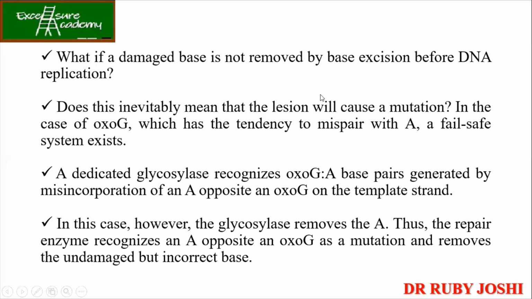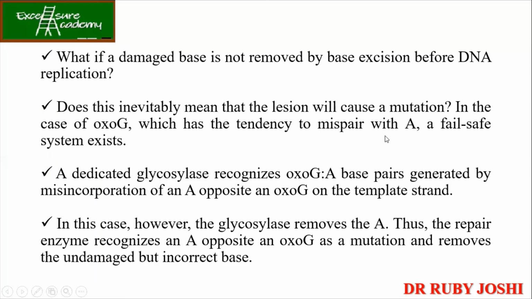Okay. Now the question is coming. What if a damaged base is not removed by base excision before DNA replication? What does it mean then? So in the case of OXO-G, which has the tendency to mispair with A, a fail-safe system exists. What is that fail-safe system? It's a dedicated glycosylase that recognizes OXO-G:A base pairs.